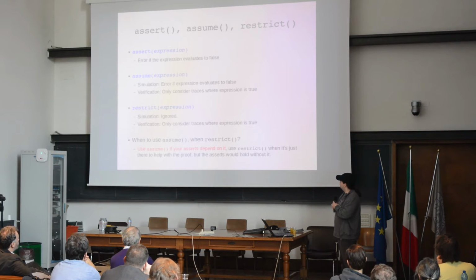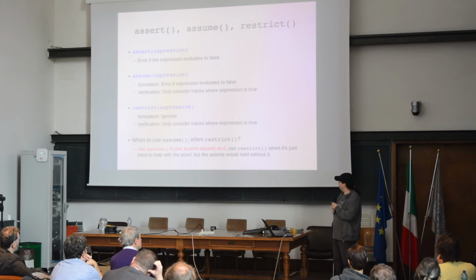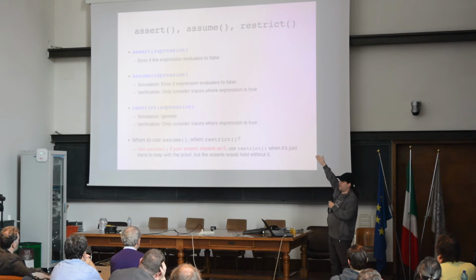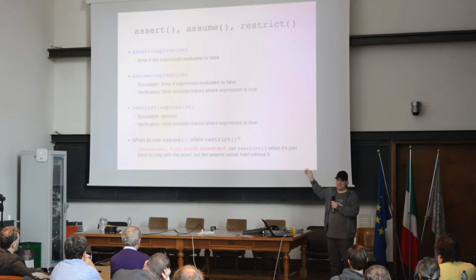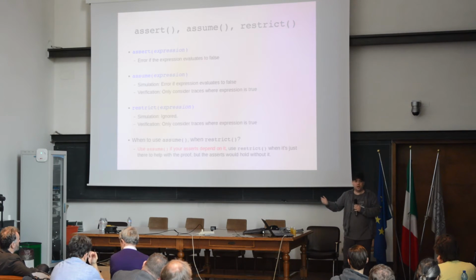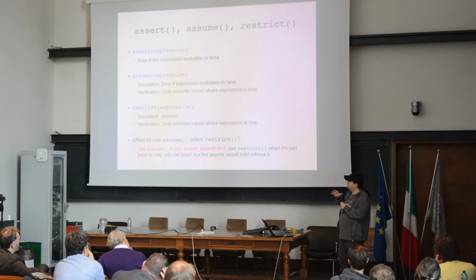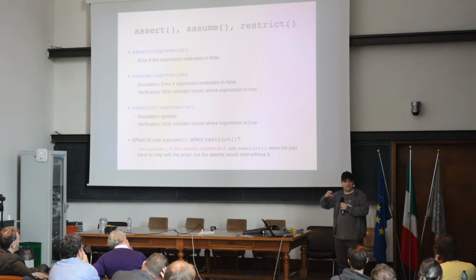Likewise, the assume statement assumes that something is true. For simulation, it's actually the same behavior as assert, because in simulation everything is determined, so it will say an error, your assumption is wrong. However, in formal verification, it will only consider traces for which this thing holds.